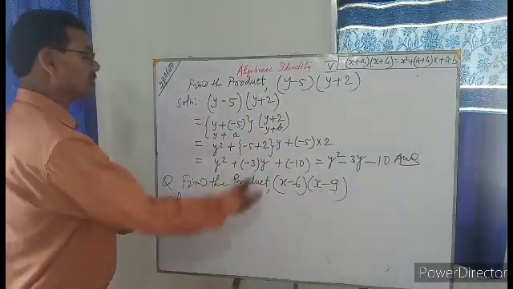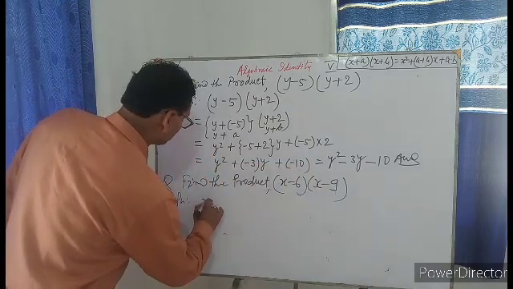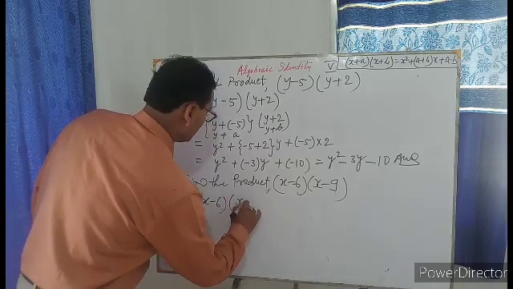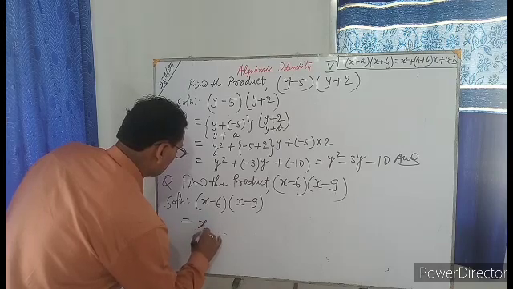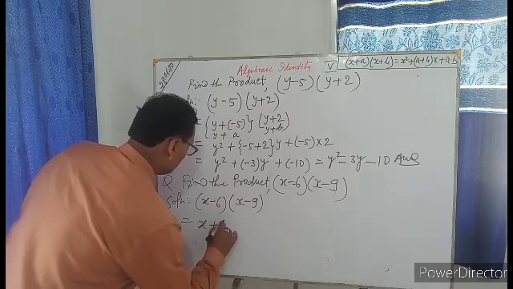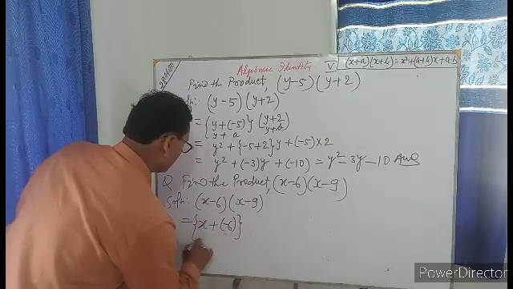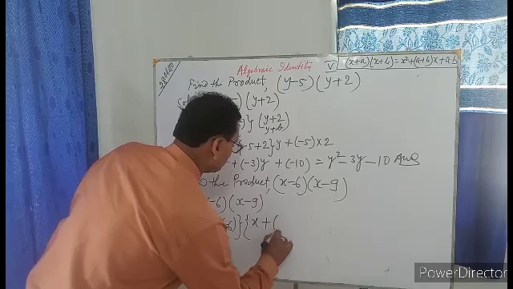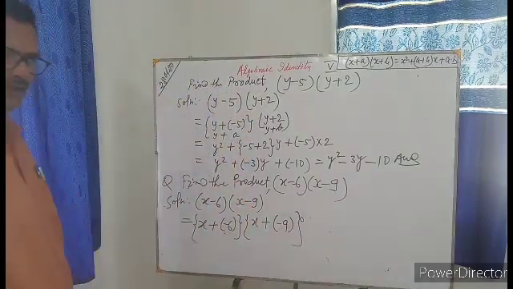Let us see how this minus can be converted into plus. Here we have (x - 6)(x - 9). This will give you {x + (-6)}, we use this curly bracket, and again {x + (-9)}, again kept in a curly bracket.